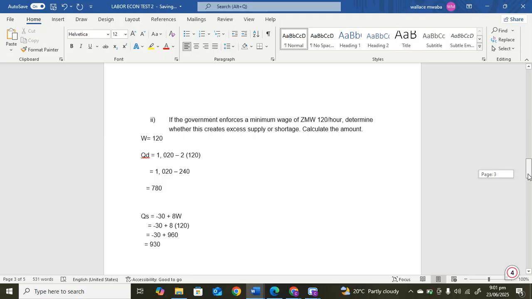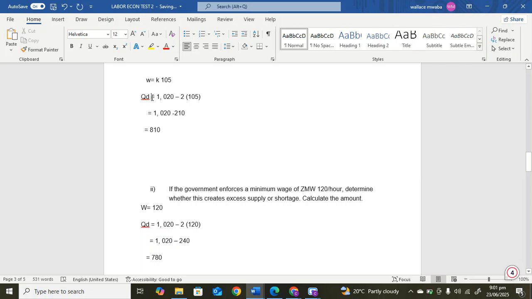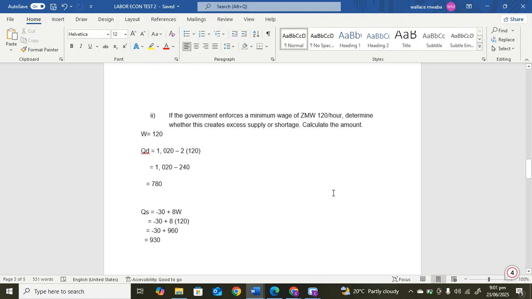Okay. So initially, at equilibrium where the wage rate was 105, remember quantity demanded and quantity supplied are equal. So at equilibrium, quantity supplied of workers was 810. Now the wage rate has increased to 120, so the quantity supplied of workers has increased to 930, meaning more people want to offer their labor.